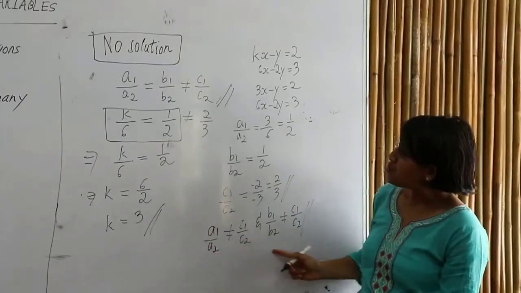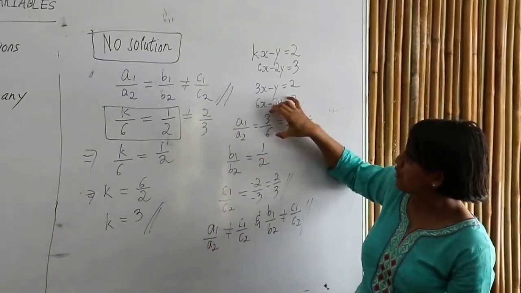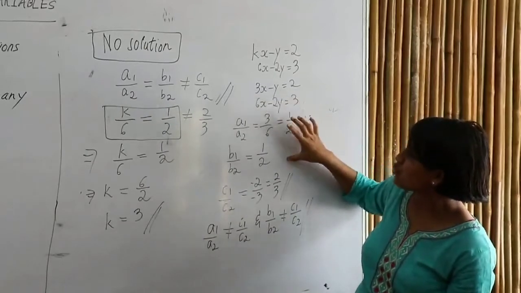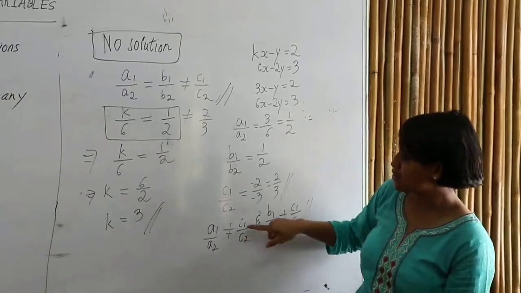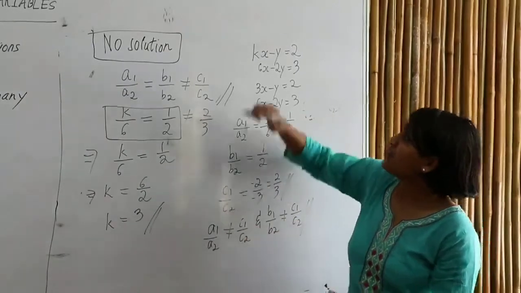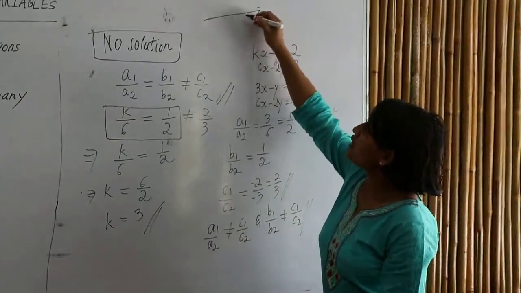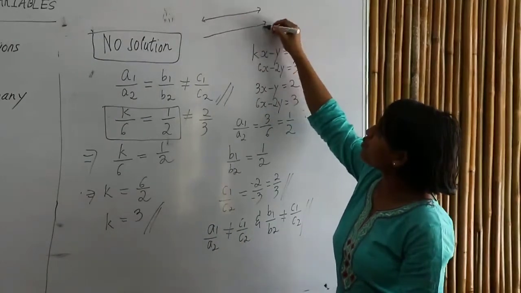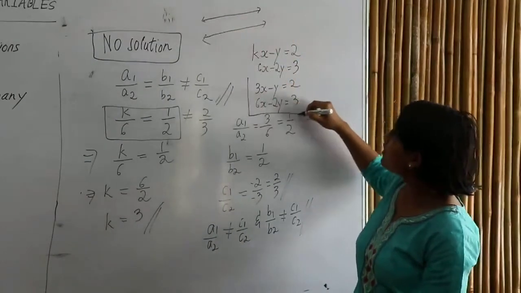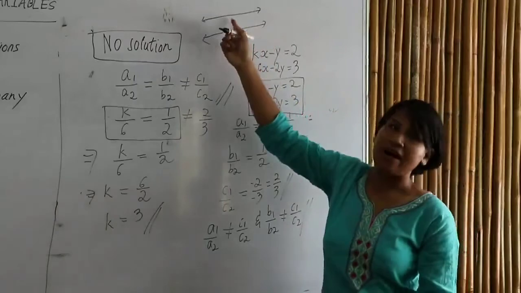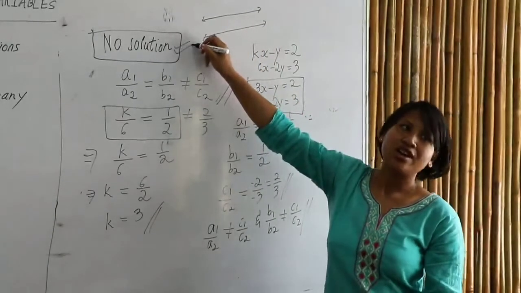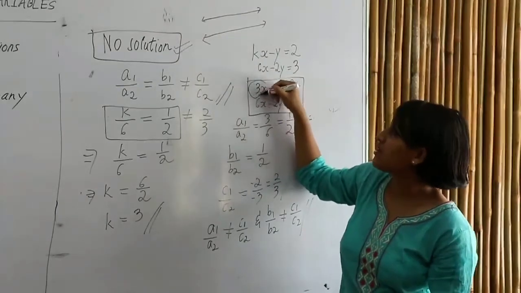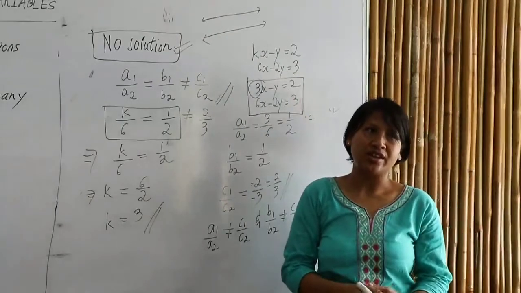So when you put k to be 3, these two are equal but not equal to c1 by c2. And when you draw the graph of these two equations, you will get parallel lines, which represents no solution. So this is possible when you take k to be 3.